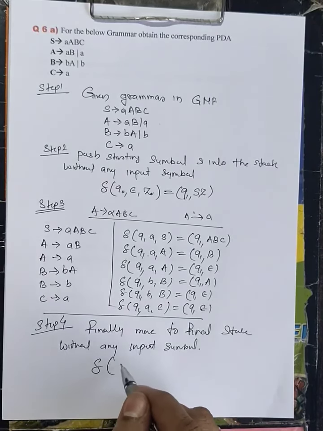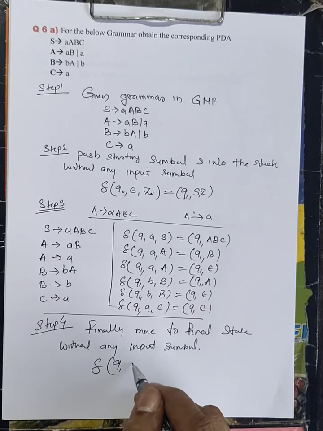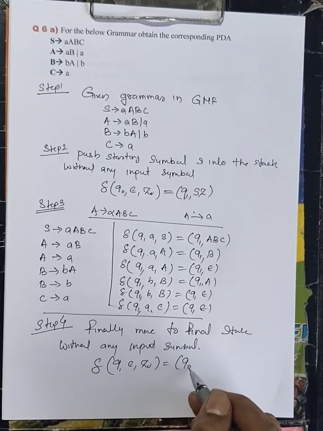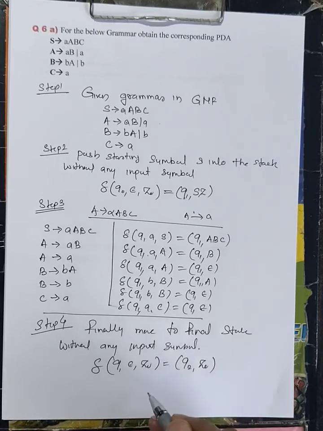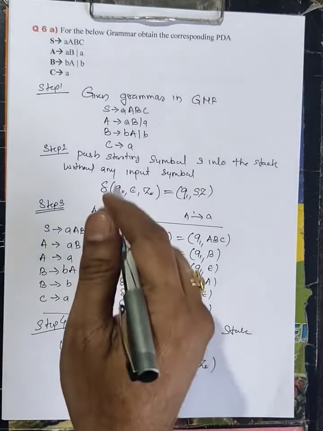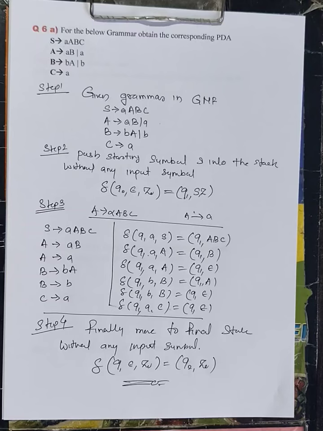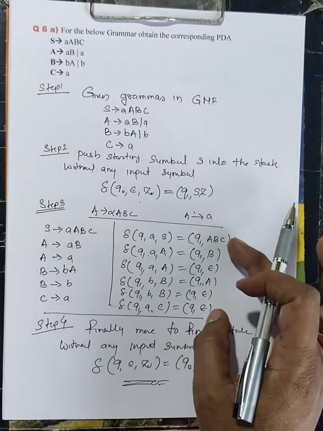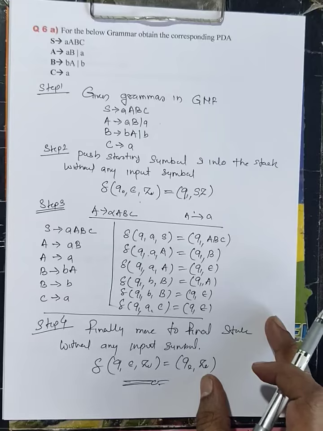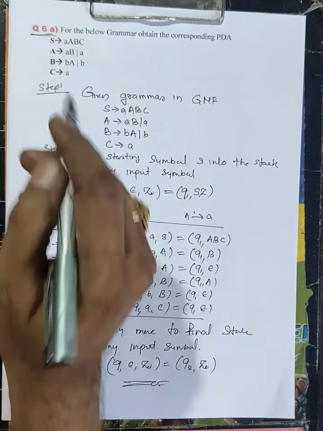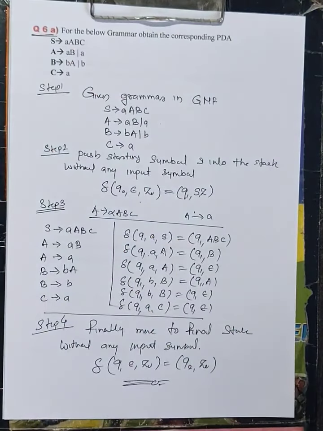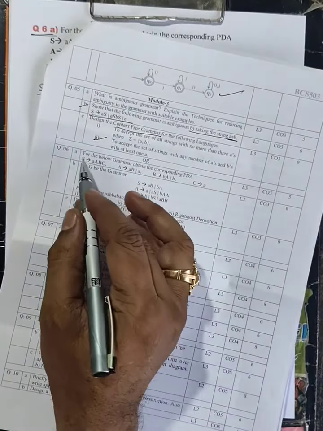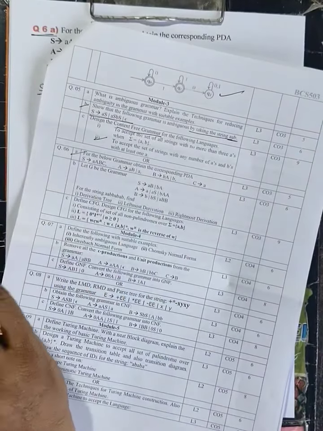Means the transition delta of Q1, epsilon, Z0 equals Q2, Z0. And at the end, write the PDA as a 7-tuple: the starting state, the transitions, and the final state. This is question number 6A, obtain a PDA from the CFG. This is a simple example; you can easily score marks here.